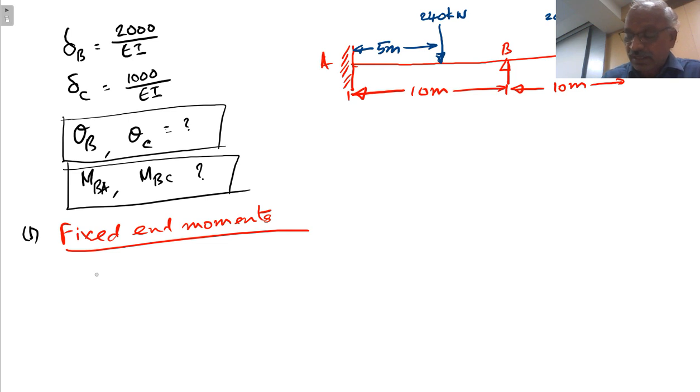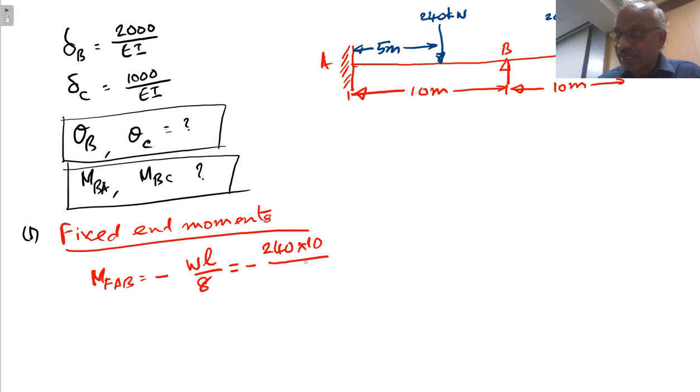Now here M of AB equals minus WL by 8. For central load it is minus WL by 8, equal to minus 240, where W is 240 and L is 10 meters, by 8.